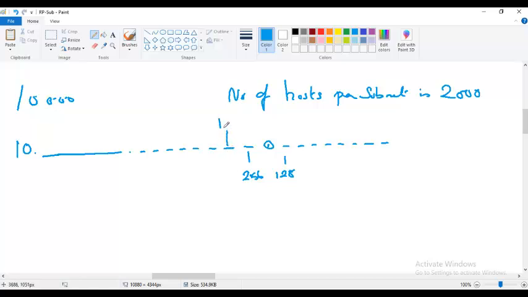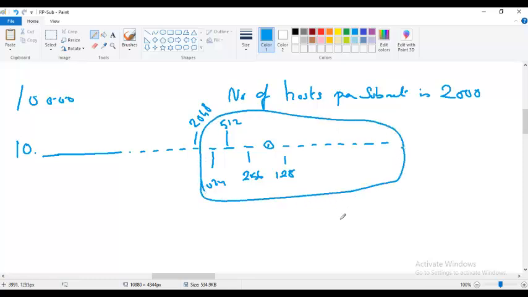This is going to be 1024. Now, the next one is 2048. Now, you see, if I add all these bits, very good. So these many bits we keep for host. And from here we are giving for network.